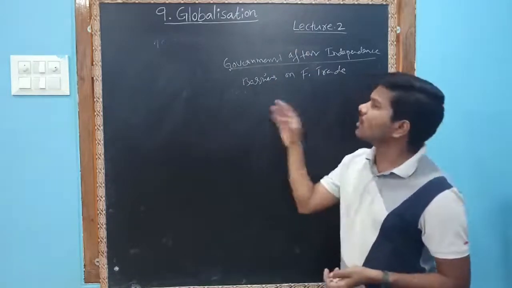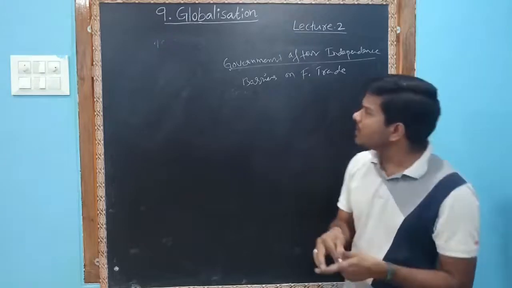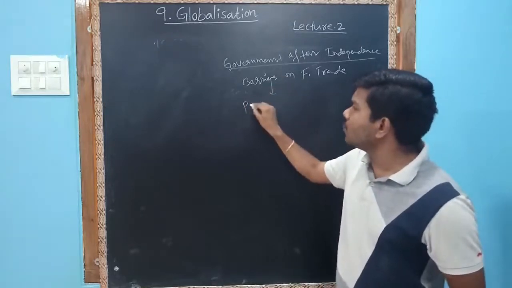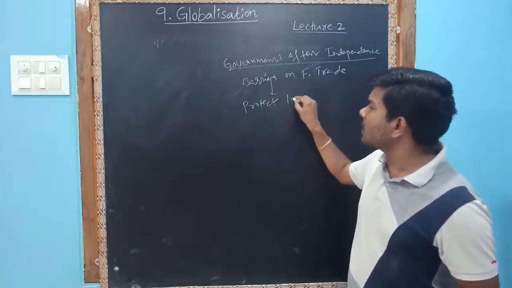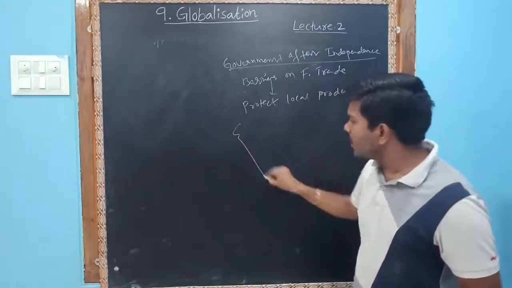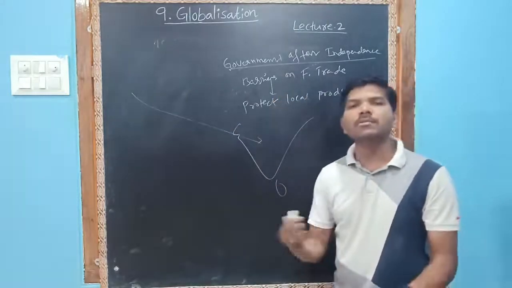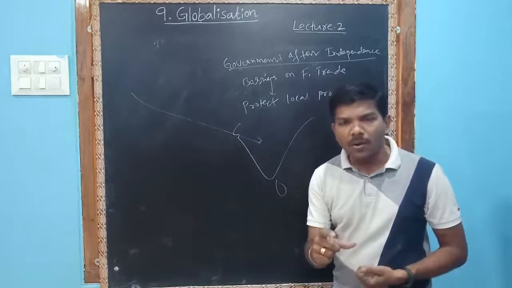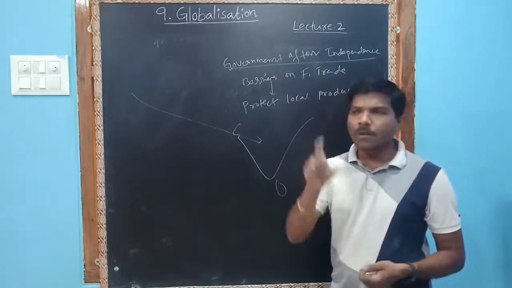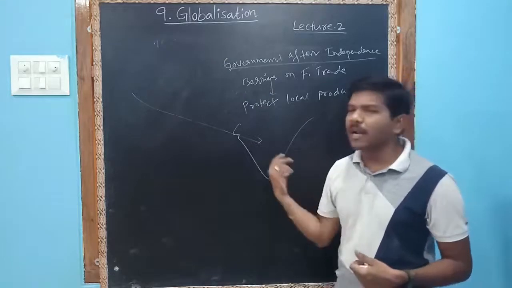These restrictions were made because they wanted to protect the local producers. Because if Japanese or American products were accepted in India, everyone would buy foreign products. Even now, suppose two products are there, one electronic product made in Japan and one made in India.